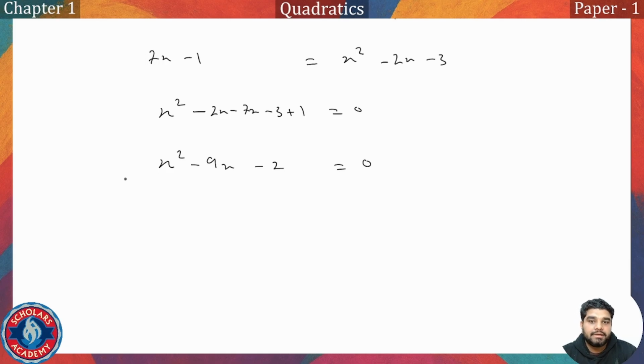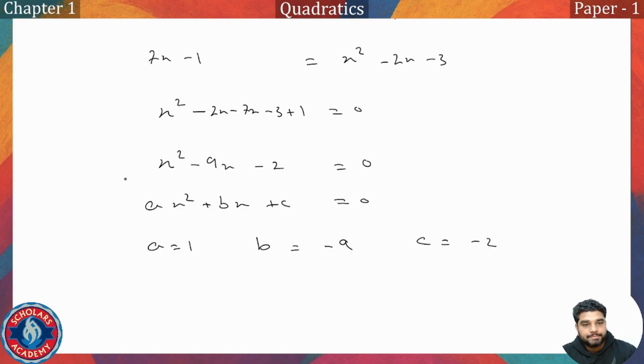All right, if we solve this by the quadratic formula, we'll compare it with the general equation. We get a as 1, b as negative 9, and c as negative 2.